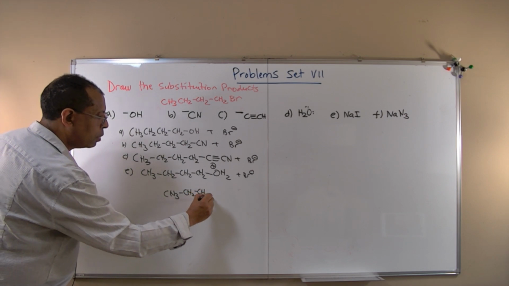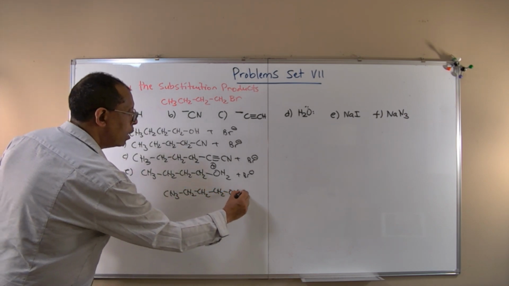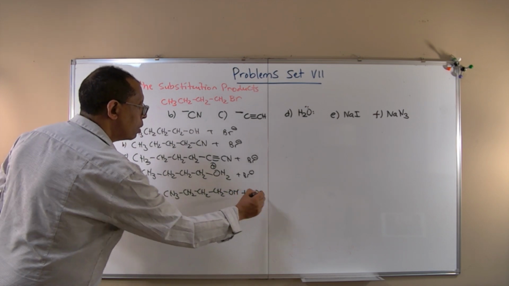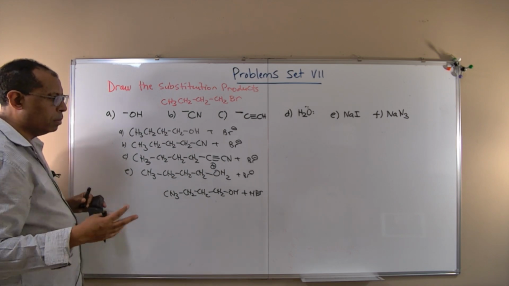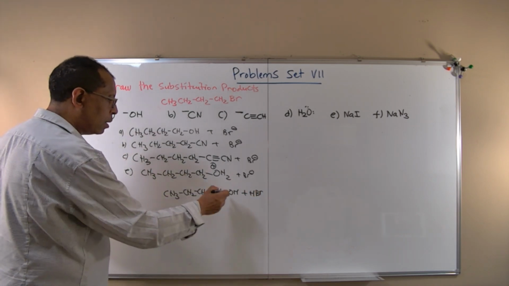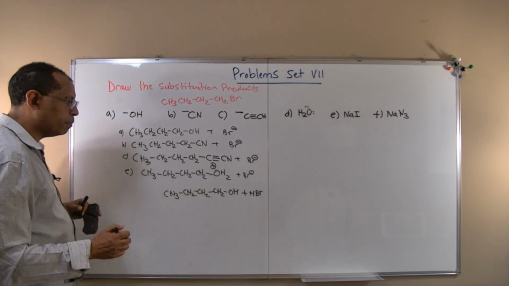Don't be confused, it would be CH2OH, and HBr would be formed because, as a positive charge, it may not be stable, but a neutral molecule like this, after substitution, would be the product.